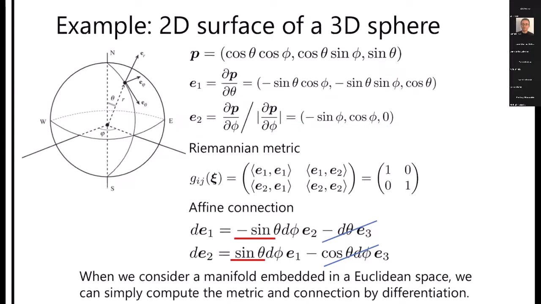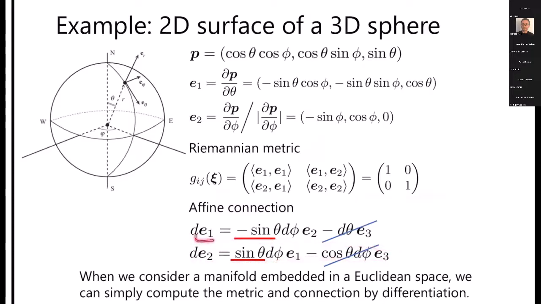And then given these tangent vectors, the Riemannian metric is given by this. In this case, it is just the identity matrix, because these are orthogonal vectors. Then the affine connection is also simply computed by some differentiation, and the difference is given like this.